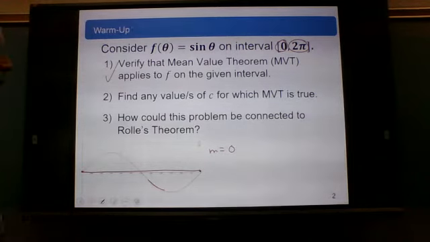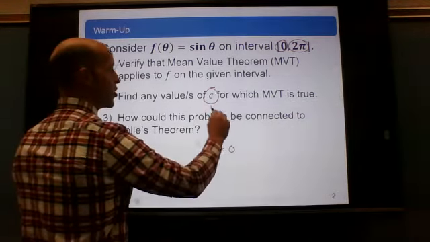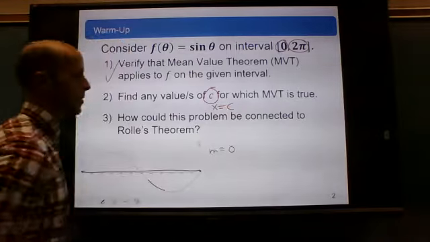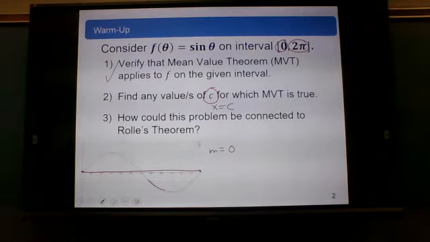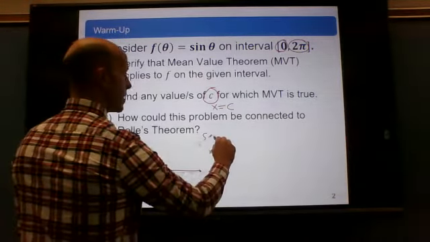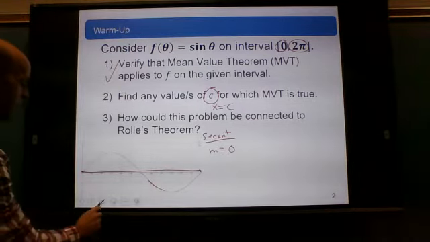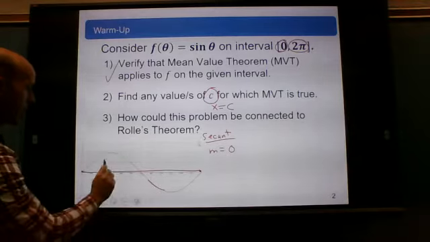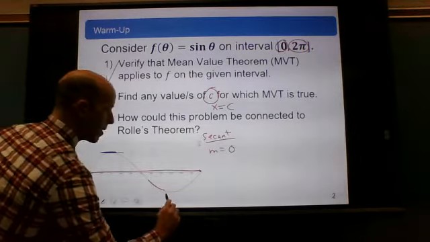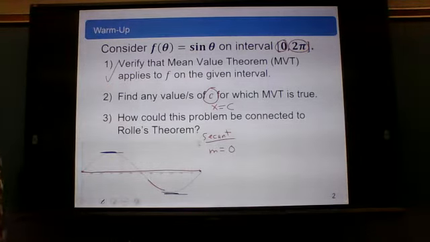So we need to see if we can find the values c. That's just a fancy way of saying the x values for which this would be true. Since we know that the slope of the secant line is 0, we just need to figure out where the slopes of the tangent lines would be 0. If we think about the graph, that would be here and here.